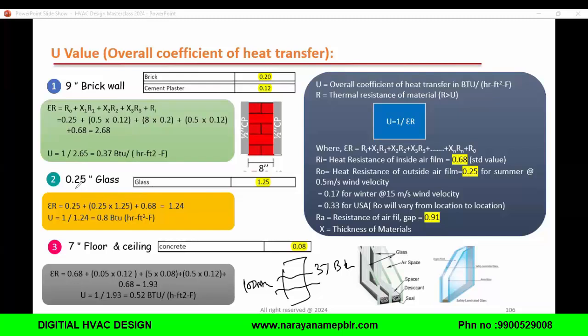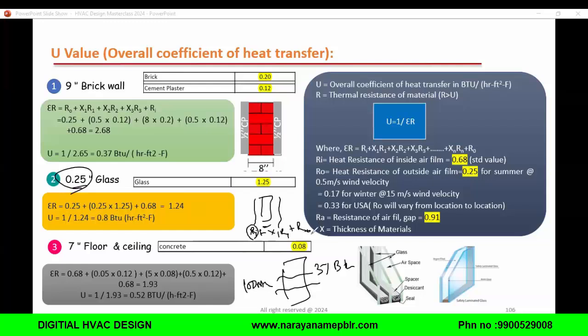Similarly, for the glass, you see 0.25 inch of glass. So glass will have one layer of air, and the thickness of the glass. R1 plus X1 R1. This is R inside or outside plus R whatever. So these three things you will get.